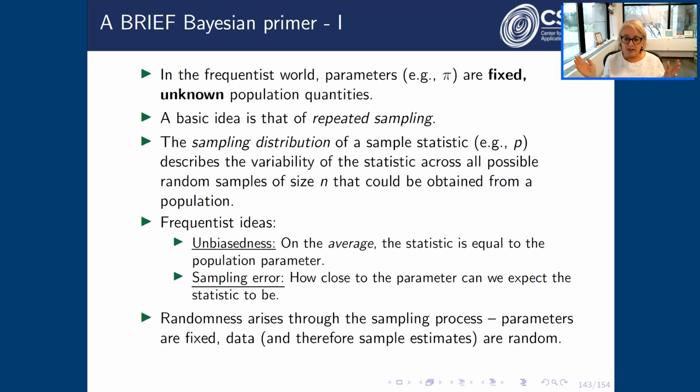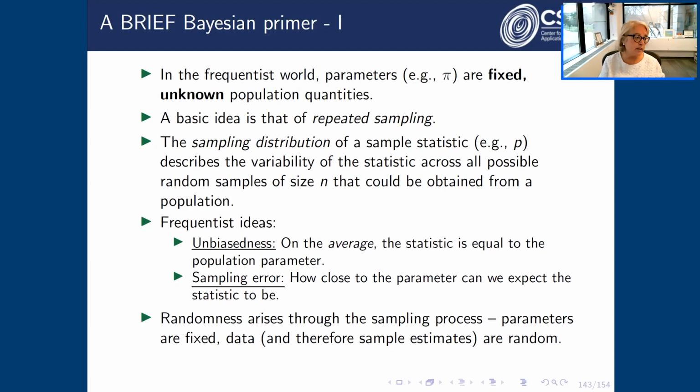So there's this population, and the idea here is that I could take any number of different samples of size n, let's say, from that population, and these samples are random, and we discuss this idea of a sampling distribution of the sample estimate, which allows us to describe the variability of the sample estimate across all possible samples we could obtain from a population.